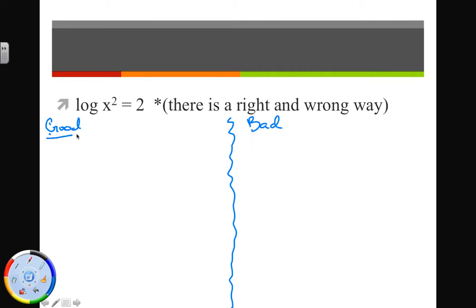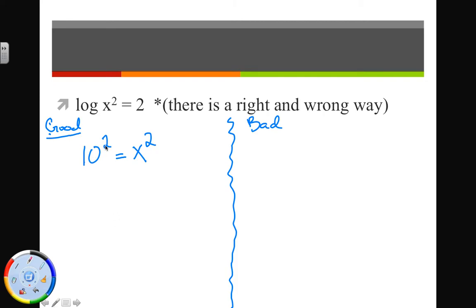The good way is to change this logarithmic equation into an exponential equation. Sometimes that's easier to solve. So this is log base 10. So I'm going to say it's 10 to the power of 2 equals x squared. And this is from our properties from right at the beginning of logarithms.